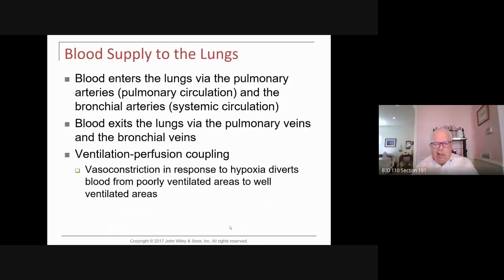Blood supply to the lungs. Oxygen is supplied to the lungs through the bronchial arteries. The bronchial arteries supply oxygen to the lungs.